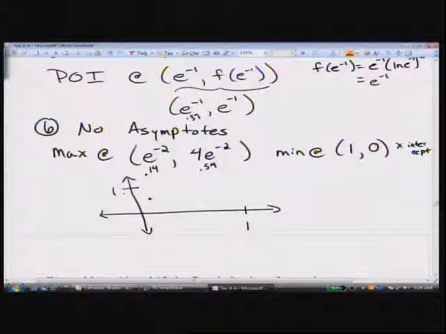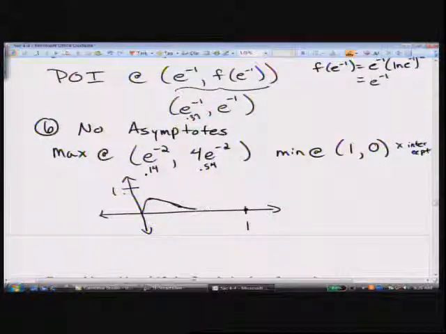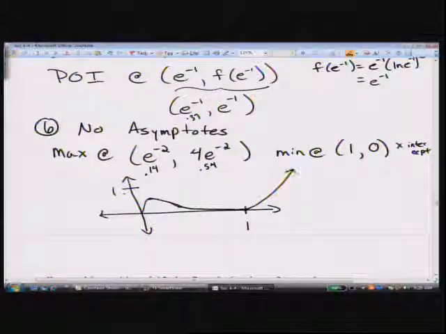We know it starts at 0, and then we have a min at 1, 0. And we have a point of inflection at e to the negative 1, which was 0.37, 0.37. All right, so it's increasing, and then it decreases, and then it changes concavity. I don't know, maybe yours looks better than mine. And then it has a minimum, and then it goes up like that.